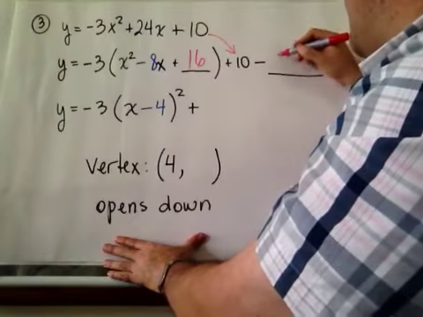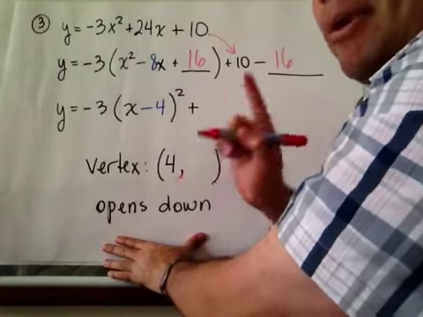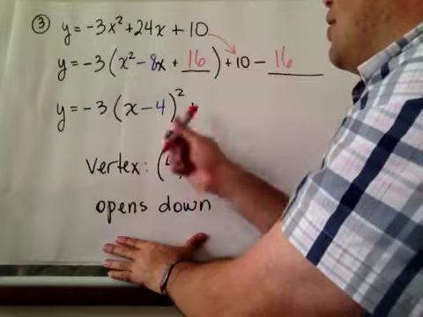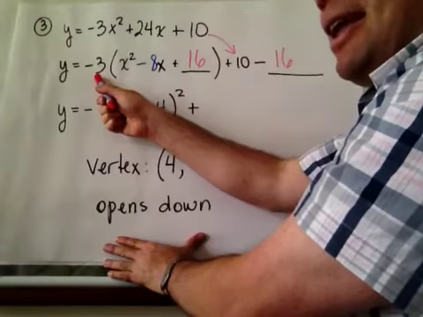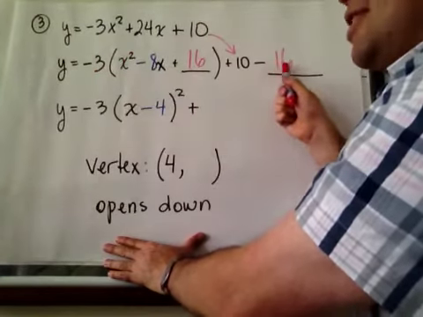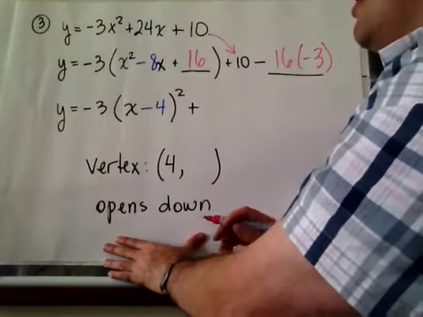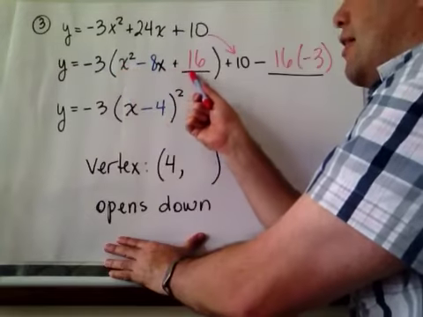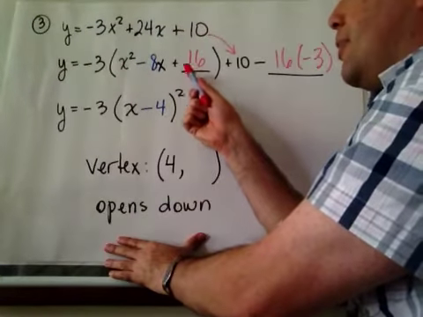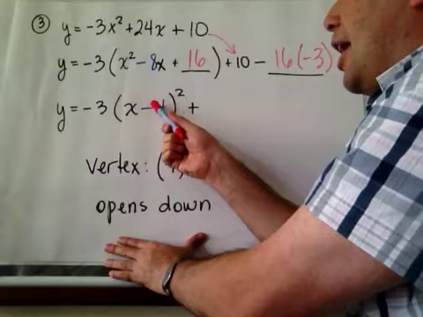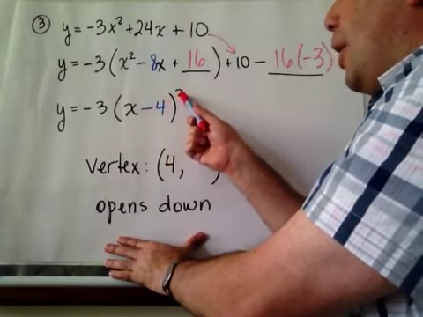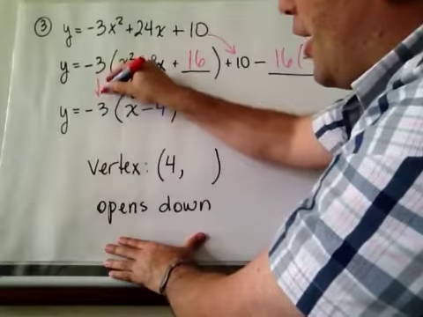So we subtract 16. But be careful, I'm missing something here. This 16 is being multiplied by negative 3. So when we subtract, it's 16 times negative 3. Alright, this square has been completed. So we write half of negative 8, that's (x minus 4) squared. The negative 3 still stays there.